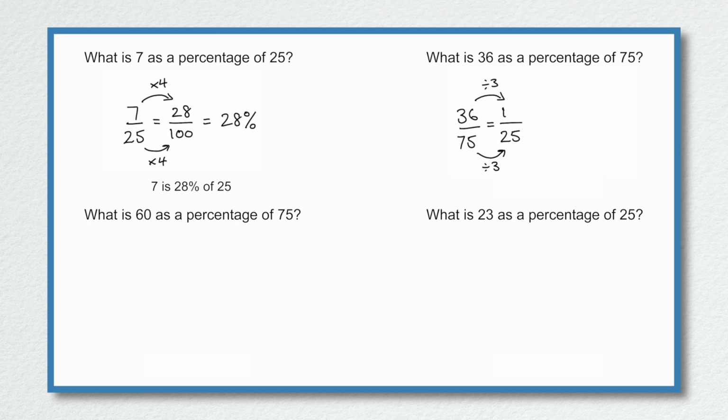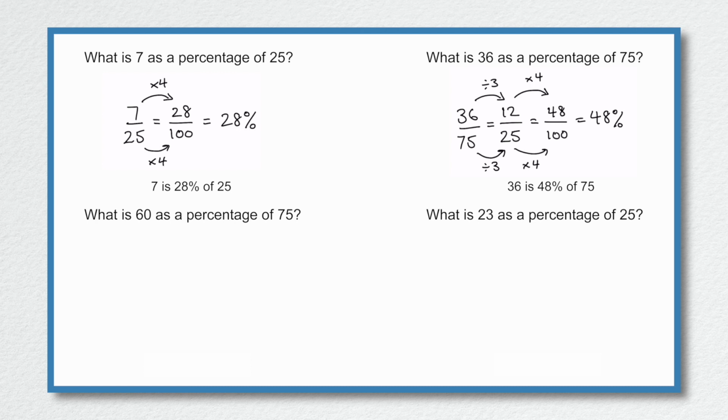And 36 divided by 3 is equal to 12. So I now have a fraction of 12 over 25, which we can now turn into a fraction out of 100 by multiplying the numerator and the denominator by 4. So we end up with 48 over 100, and this of course is 48%. So 36 is 48% of 75.